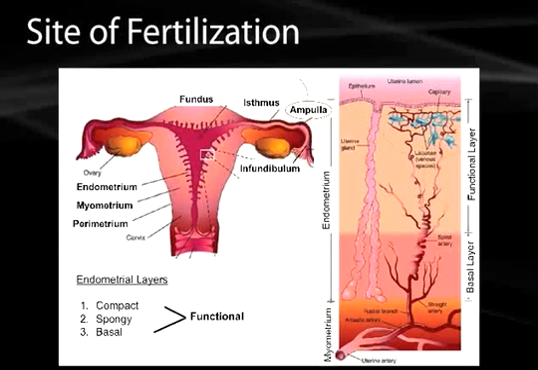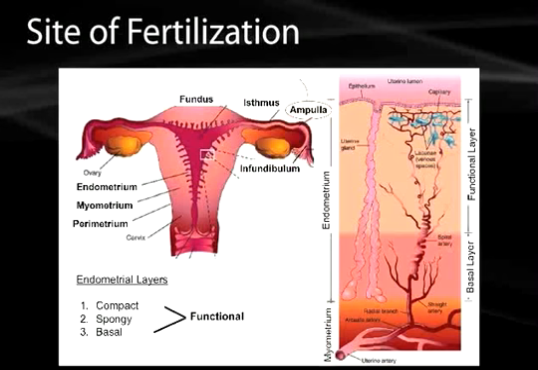However, if there's some kind of blockage or something preventing the movement of that oocyte as it gets fertilized by the sperm, it's going to have difficulty and get trapped. Typically, it will get trapped and implant at the ampulla, and this is where it will implant for the tubal pregnancy.